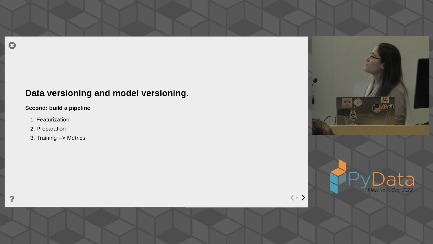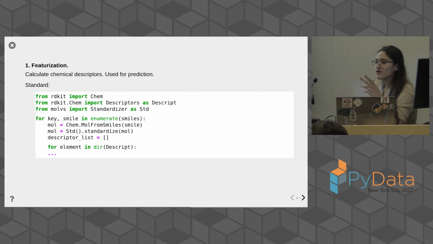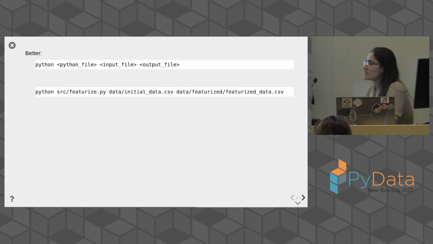As I said before, we have 3 parts: featurization, preparation, and training metrics. For the featurization part, we always have options. We can be messy, or we can write better code, modular and documented. We can go for an option that is essentially a Jupyter notebook where we have all our code, or we can be better citizens and have something more modular without being perfect.